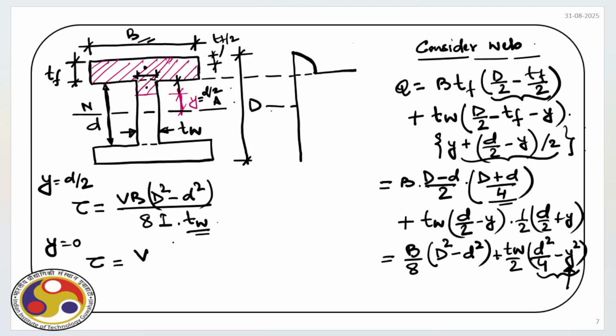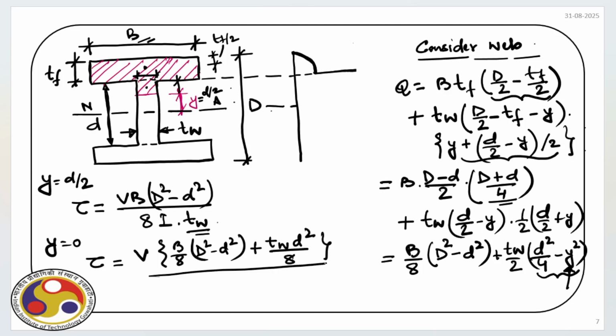So we'll have B by 8 times capital D square minus small d square plus TW d square by 8, divided by I times TW, again the width is TW, so we have TW in the denominator.